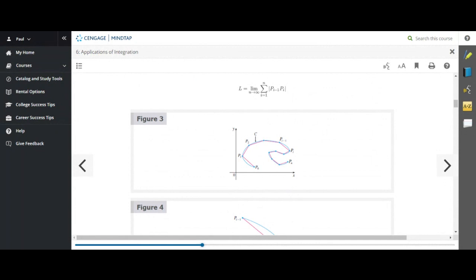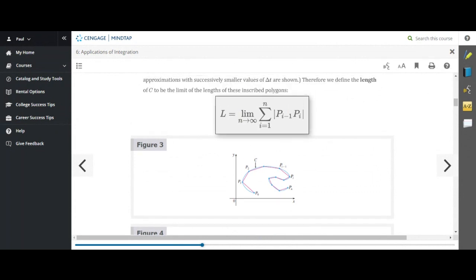But as we take smaller and smaller line segments, they'll fit the arc better and better and approximate the actual length of the arc. So the actual length of arc C is just the limit as n goes to infinity of the sum of our line segments.